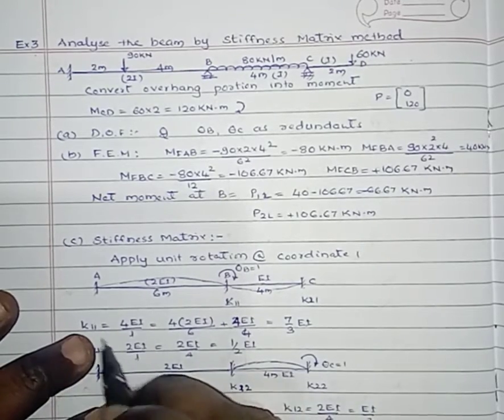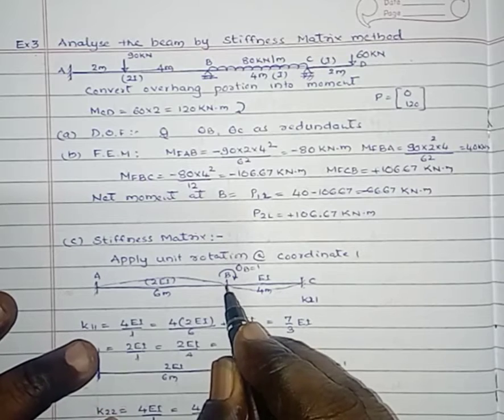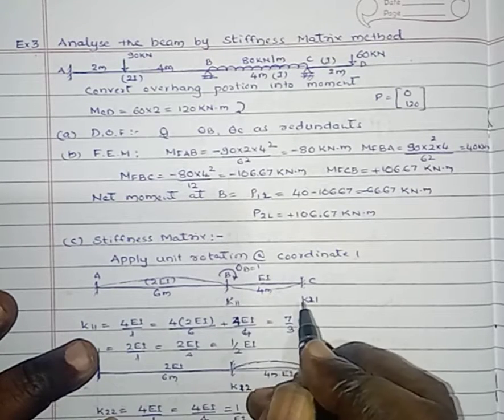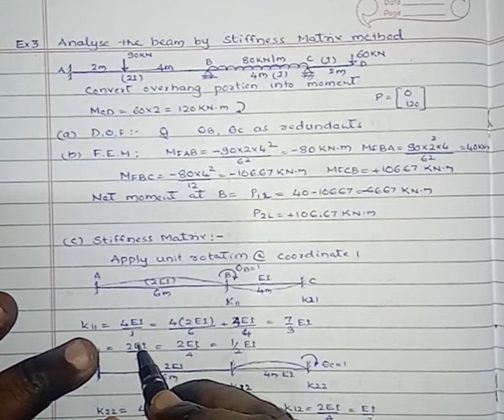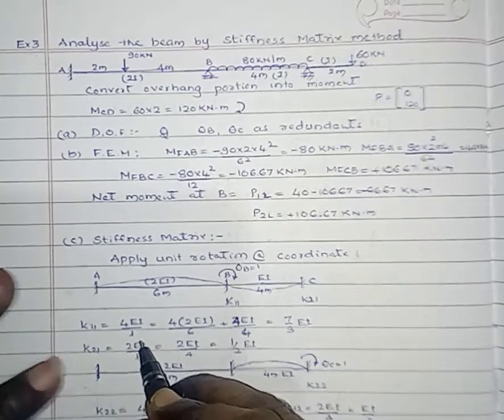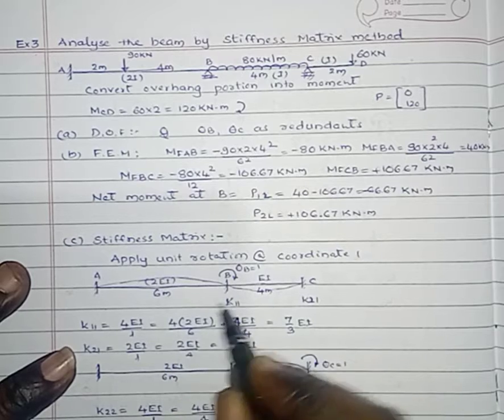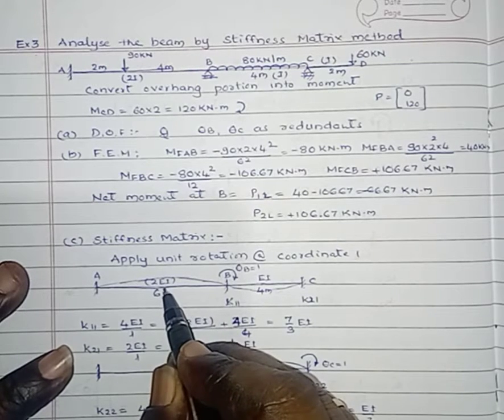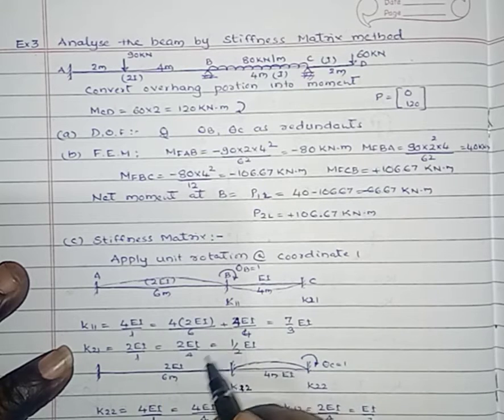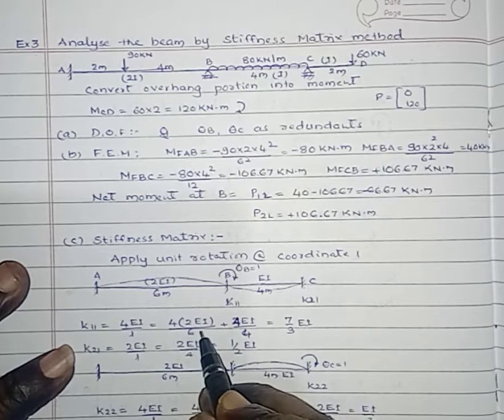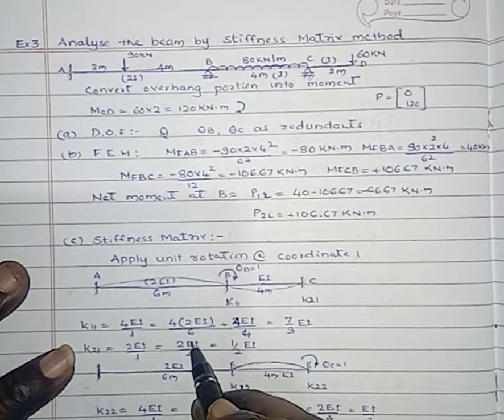Then for the near end, for both spans BA and BC, 4EI by L is the stiffness value. Substituting for BA, 4 into moment of inertia 2I gives 2EI, and the flexural rigidity becomes 4 times 2EI divided by L, that is 6.